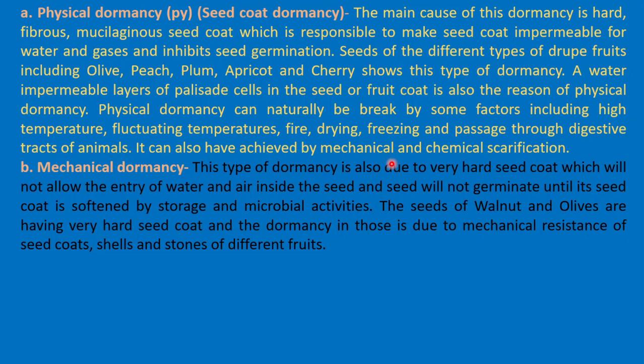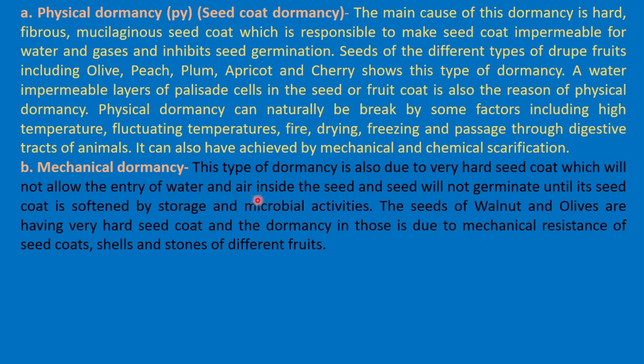So this type of dormancy is also due to a very hard seed coat which will not allow the entry of water and air inside the seed, and the seed will not germinate until its seed coat is softened by storage and microbial activities. So this is known as mechanical dormancy.